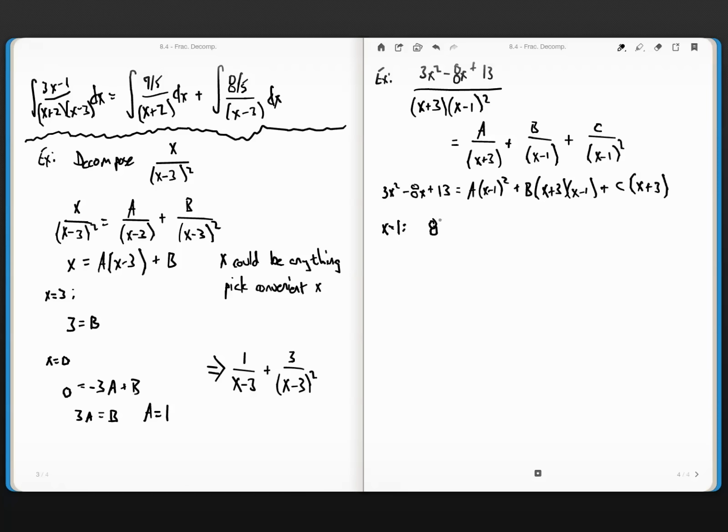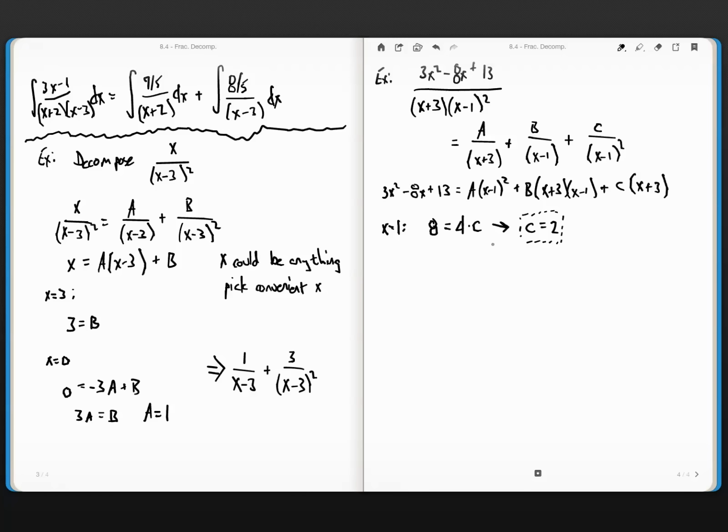Yeah, that's right. Equals, well, this goes away, so all I'm left with is 4 times c. And that leads to c equals 2. Well, that's nice. I've got one of them already, so I'm going to put a dotted box around that one because that's a pretty important step.